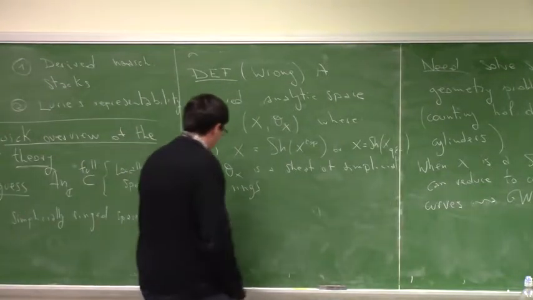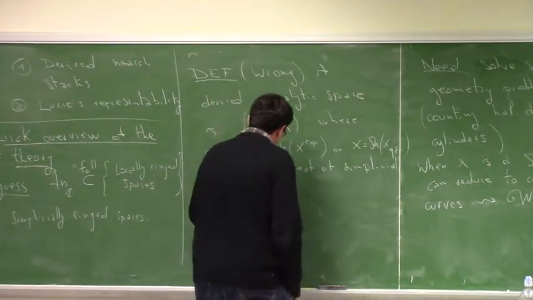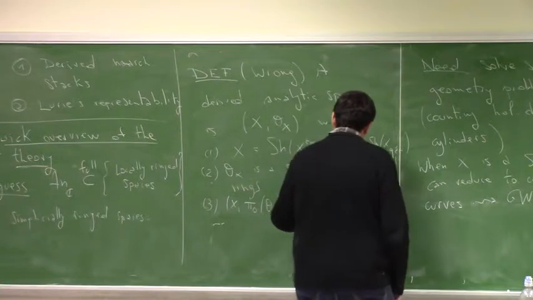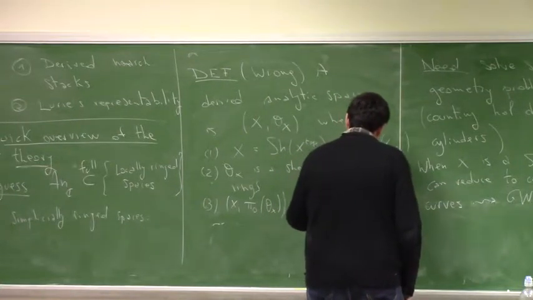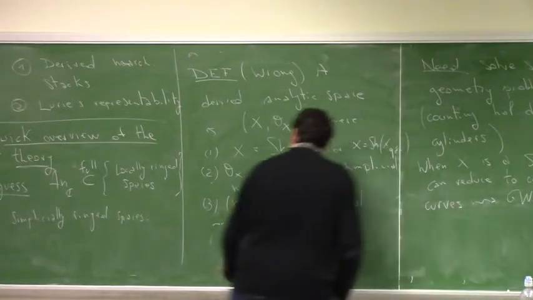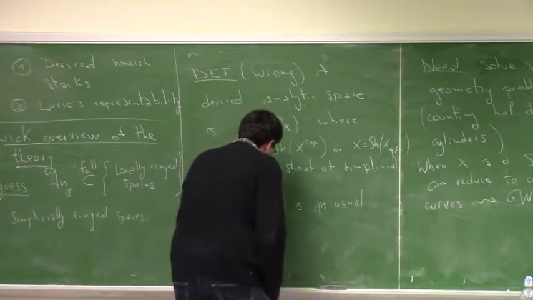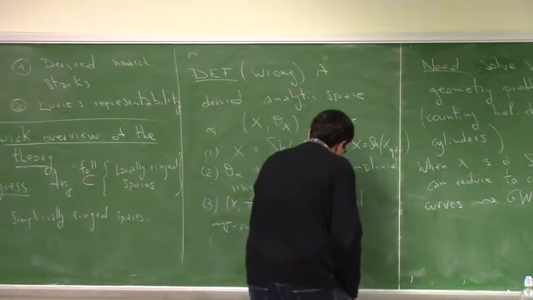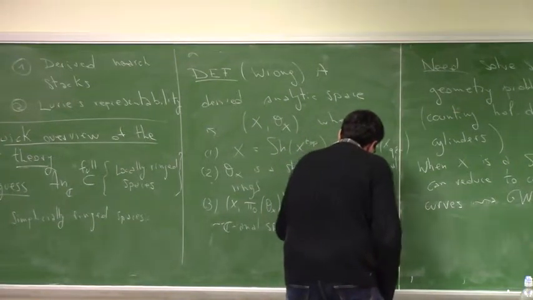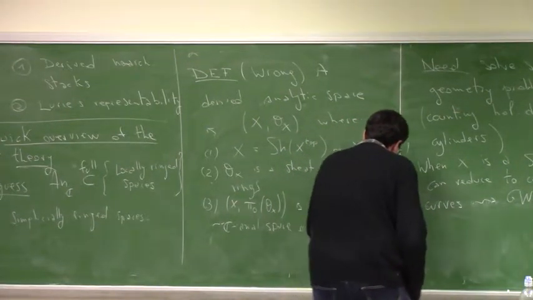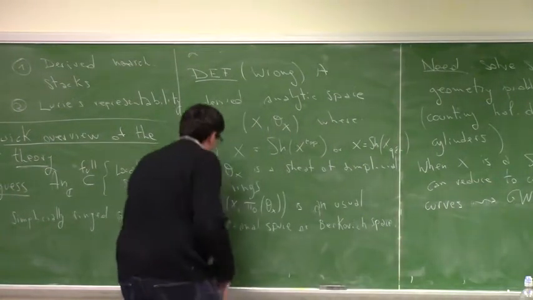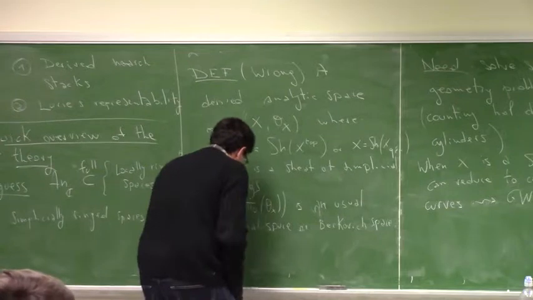And (X, π0 OX) is just a usual complex analytic space, or a Berkovich space. And the fourth condition: we will ask that the πi are coherent.